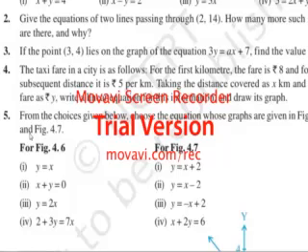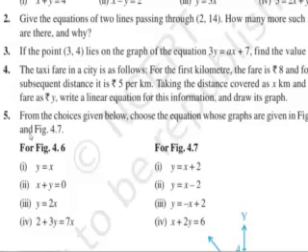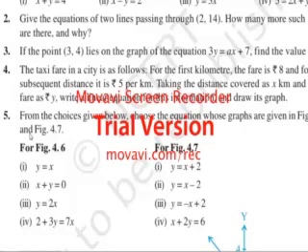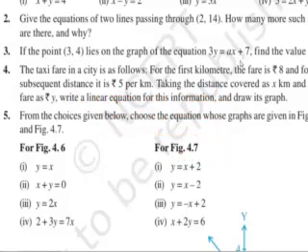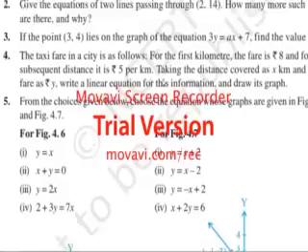If the point (3, 4) lies on the graph of the equation 3y is equal to ax plus 7, okay, yes, I had just watched now. That is Euclid geometry only, the 5th chapter here. Here it is: if the point (3, 4) lies on the graph of the equation 3y is equal to ax plus 7, find the value of a. So if you see number 3, okay, I am going down.